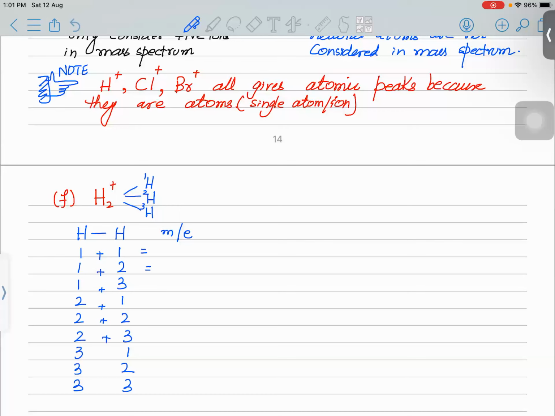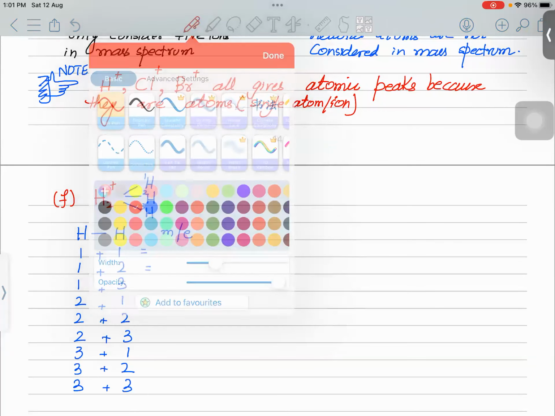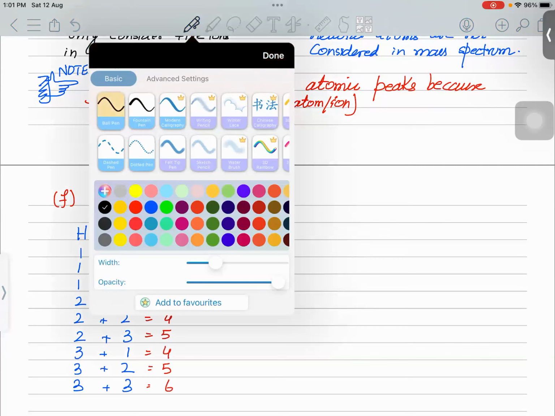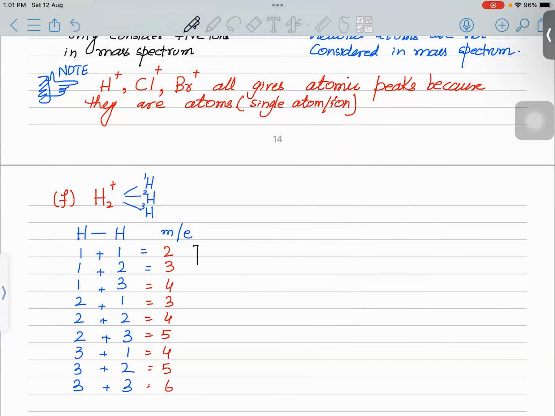So mass over charge ratio is 2, 3, 4, 3, 4, 5, 4, 5, 6. Now, can you tell me the number of peaks?